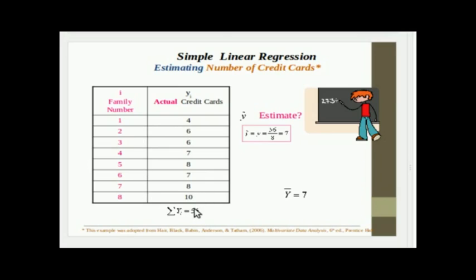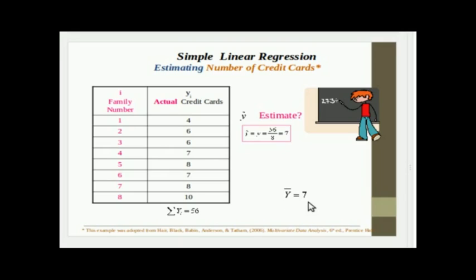The sum of the total number of credit cards is 56, and the sample size is 8. So the estimation is 7. When we represent the average value or the mean value, the notation is y bar. So y bar is equal to 7.